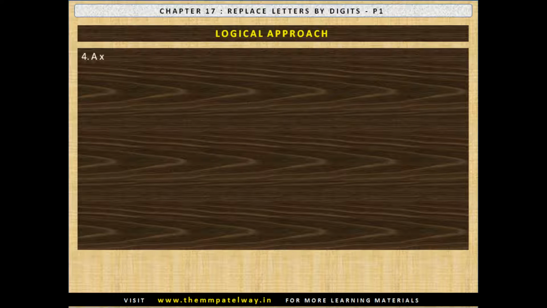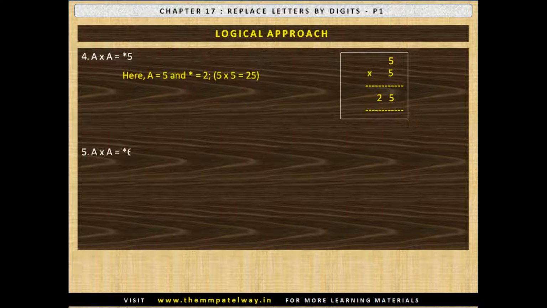Number 4. A into A equals star 5. Here we have A equals 5 and star will be equal to 2 because 5 into 5 will be equal to 25. This is the only answer possible. Number 5. A into A equals star 6.